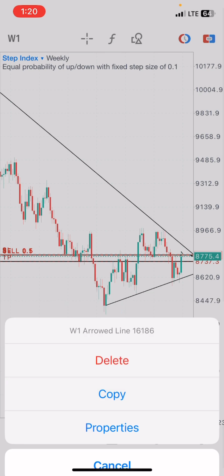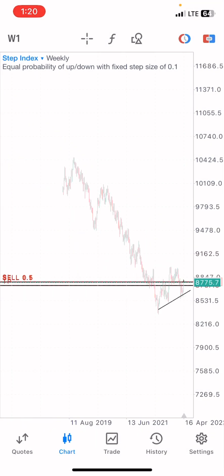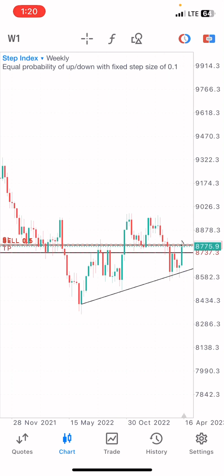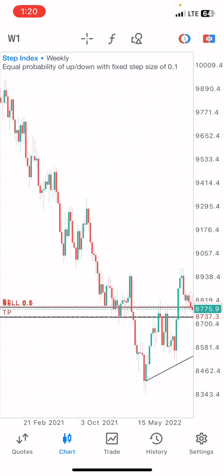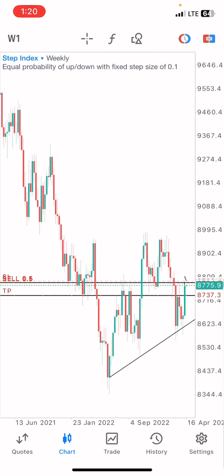So the next thing we do, since we have identified the market direction, is to spot our key levels. Key levels are really important levels in the market that we shouldn't overlook, and there are levels at which markets make their major moves. So we spot our weekly time frame key levels.